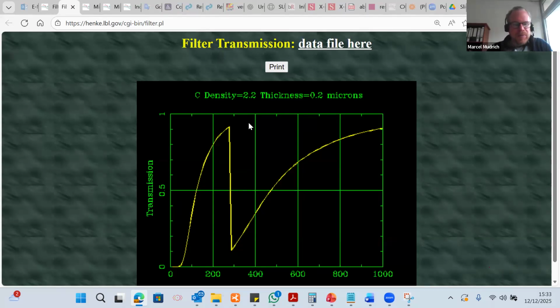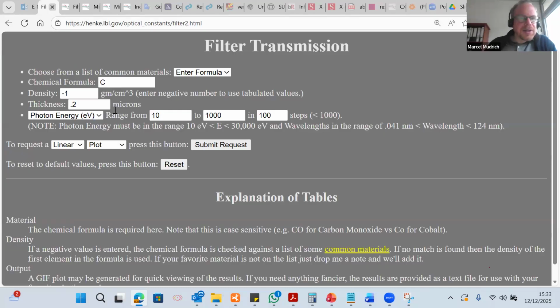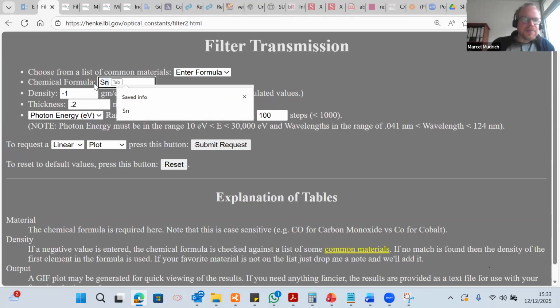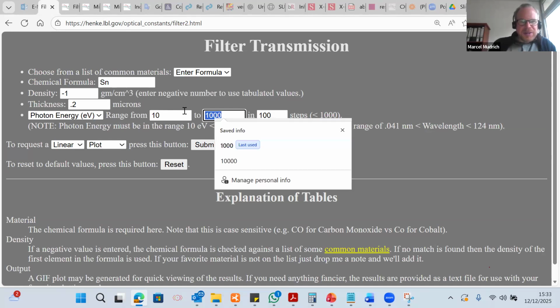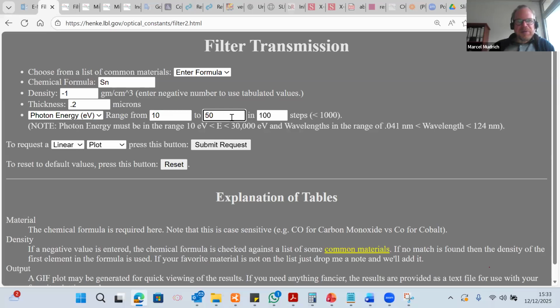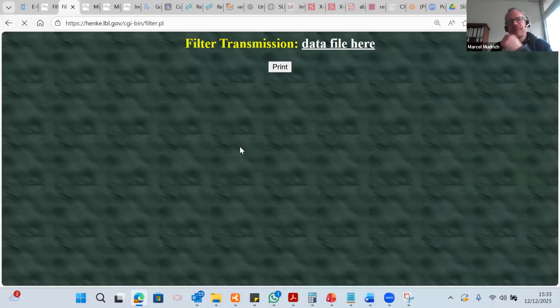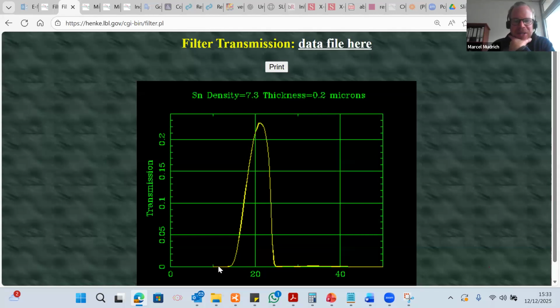One transmission curve that Shiva Krishnan and I have been looking up very often, I can tell you, is the one of tin. Tin has the symbol Sn. We have been mostly interested in the EUV range, let's say from 10 to 50 eV. And there you can see that tin has an interesting behavior. It has actually the property of being a bandpass filter. It just transmits radiation around 20 eV.